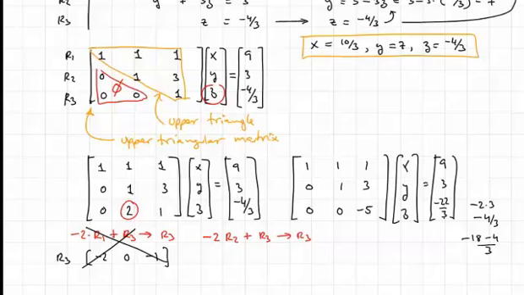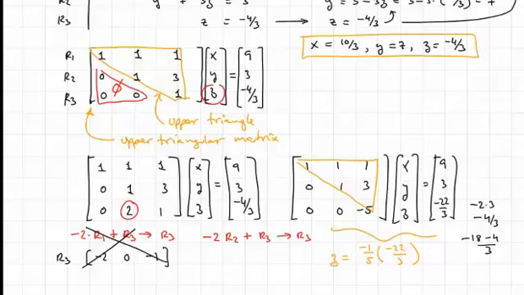Okay, and now we have successfully turned this into an upper triangular matrix, and from here we can write z is equal to minus 1/5 times minus 22 thirds, and then we can back substitute to find y and then x.